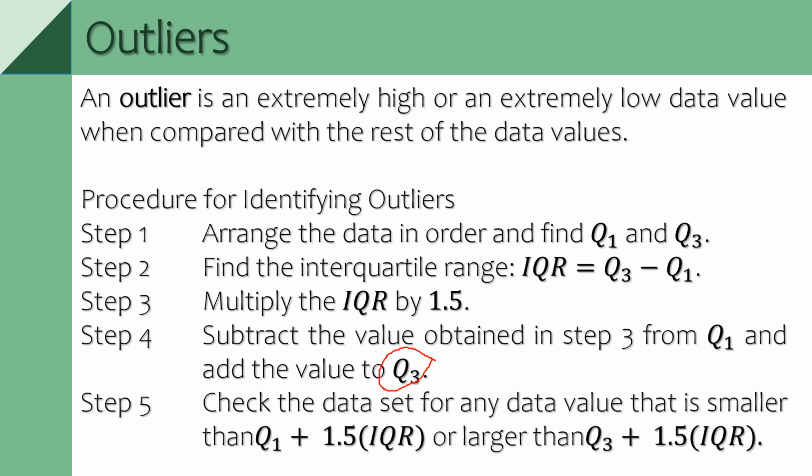And then, check the data set for any data value that is smaller than the first quartile minus 1.5 multiplied by the interquartile range, or larger than the third quartile plus 1.5 multiplied by the interquartile range.